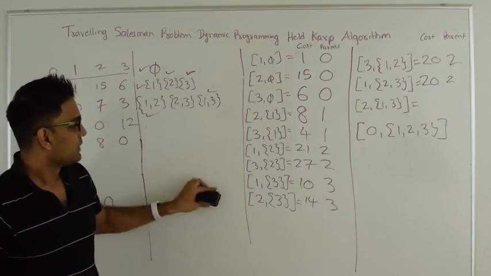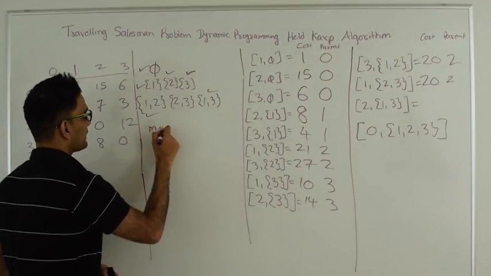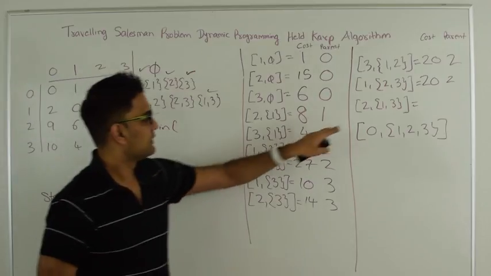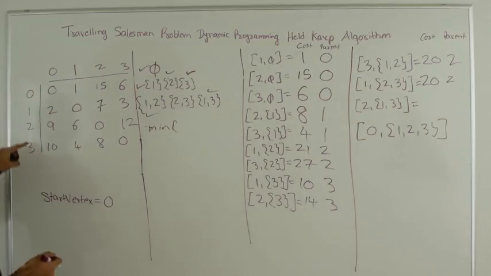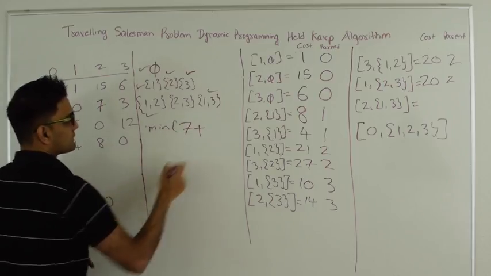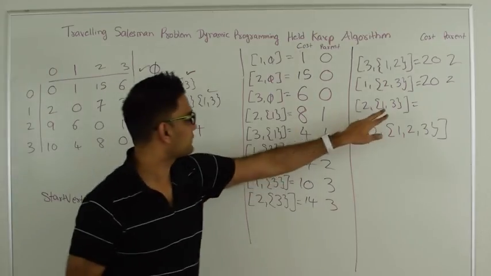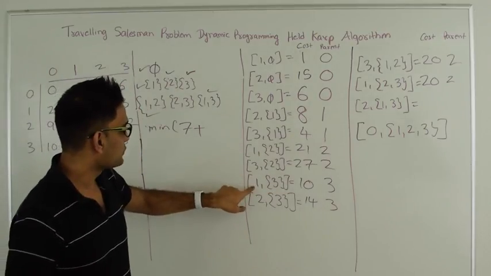So if the vertex right before 2 was 1, so the minimum value we get is the distance from 1 to 2, so distance of 1 to 2 is 7, plus whatever it takes to reach 1 from 0 going via 3, so that value should be here, 10.